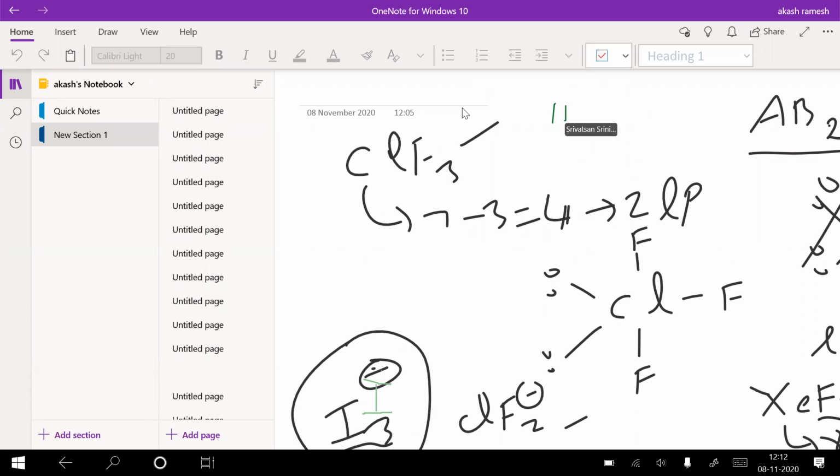Okay. Understood. Yes, Srivatsan. Yes, I'm seeing it. New thing I have learned today. Nice. Thank you. But if everybody draws on my screen, it'll become clumsy. I think it's better that you draw it on your paper. That's why I was thinking.